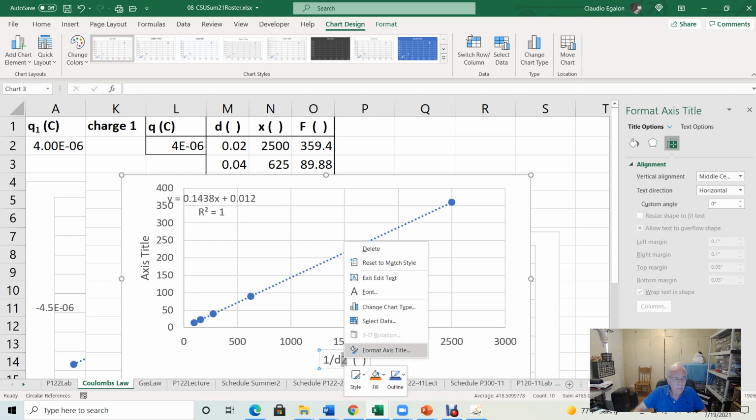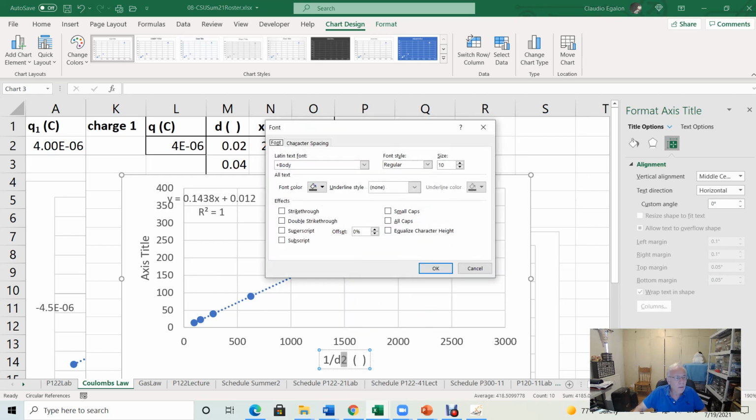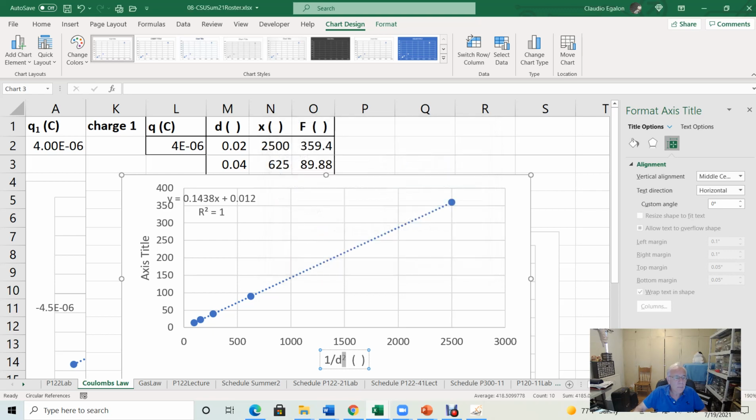We are going to font, superscript, boldfaced. Force, put the units there between parentheses, boldface. That's the type of thing that you have to do whenever you are going to publish a paper. Okay, and we got a slope and intercept.